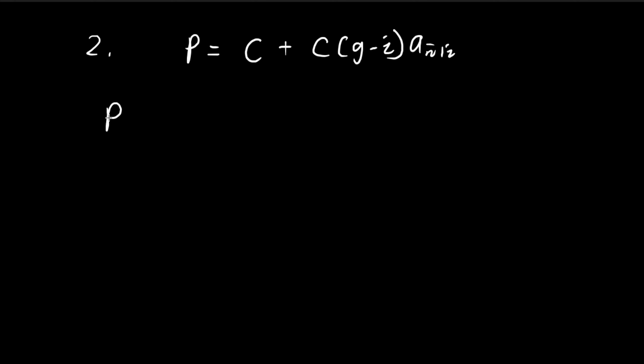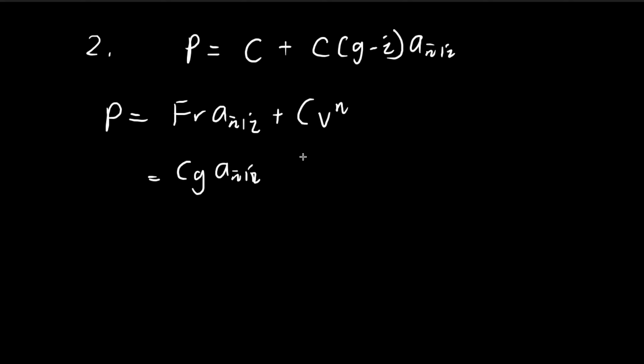And just to remind you how to prove this: if you're trying to prove one of these formulas, always start with the basic formula, which is pretty much the definition of everything. For FR, I'm going to change this to CG. And for this term over here, I'm going to subtract 1 and then add 1, so I'm going to have a plus C on the outside.